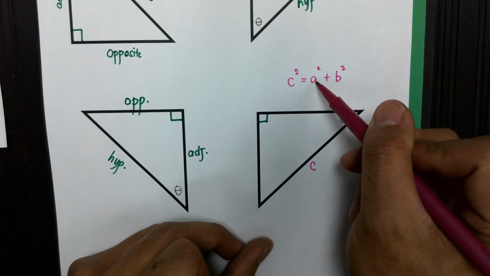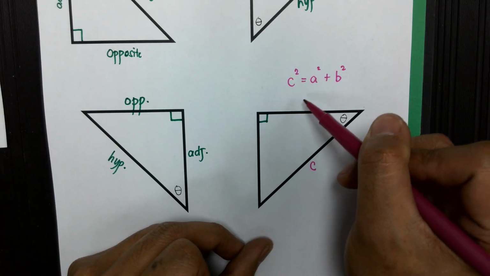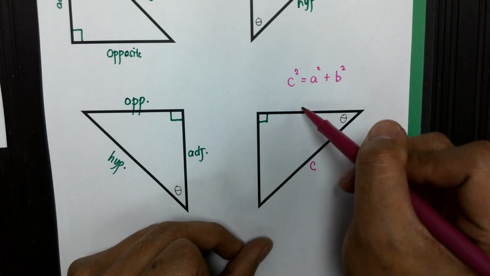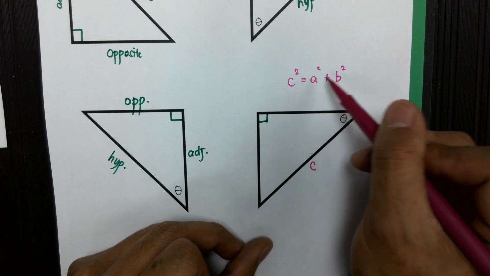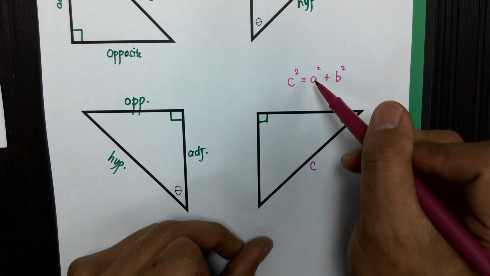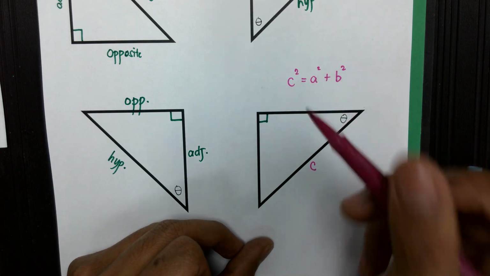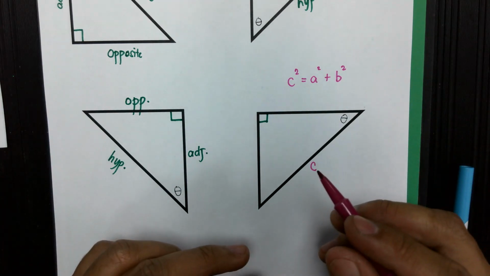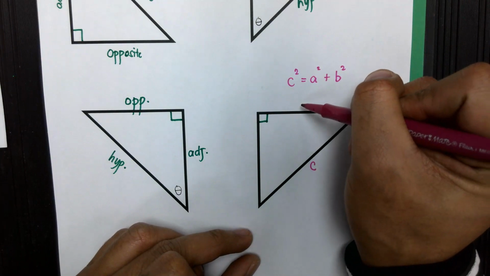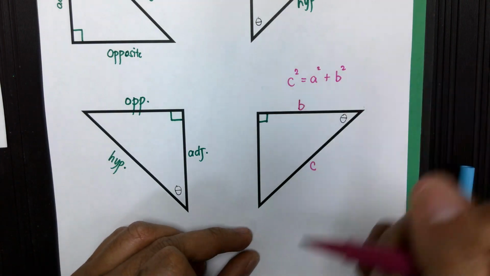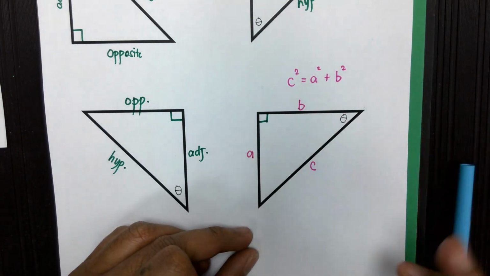So if you accidentally chose this side to be A or this side to be B, eventually you will still add both measurements, so the answer will still be the same. So from my perspective, I see that this triangle has its base here. So I'll put this as B, and then the height is A.